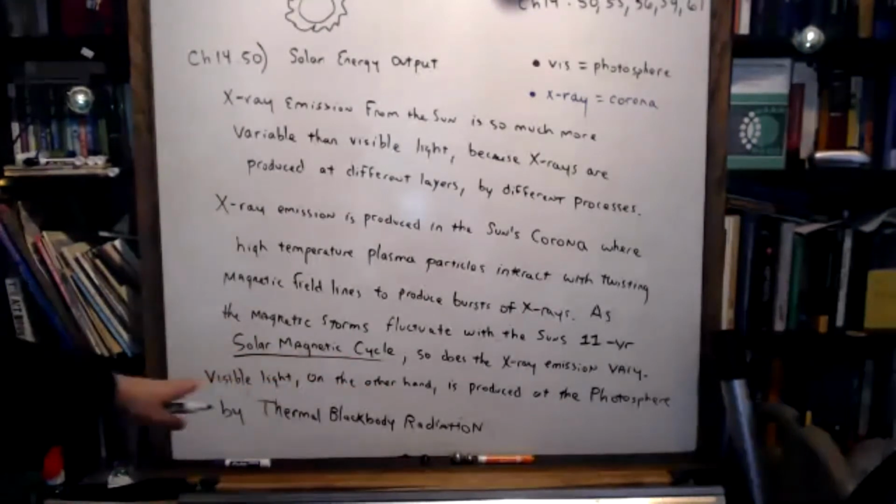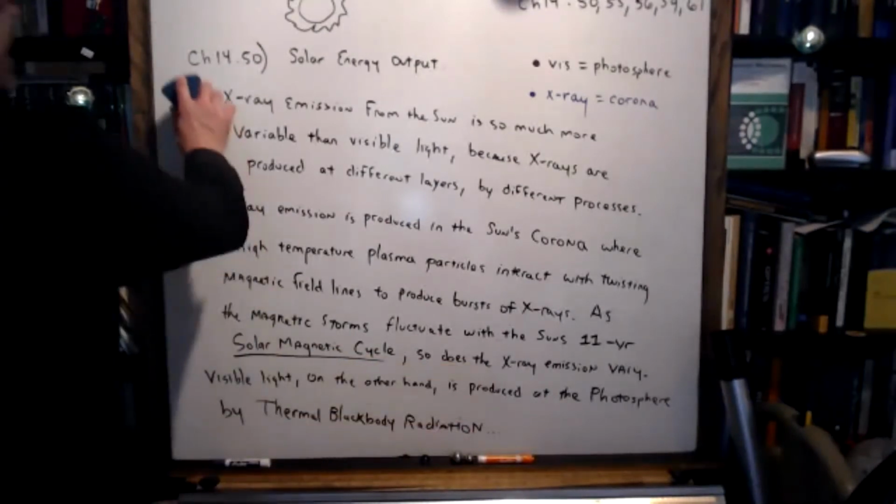Visible light, on the other hand, is produced at the photosphere by thermal blackbody radiation.